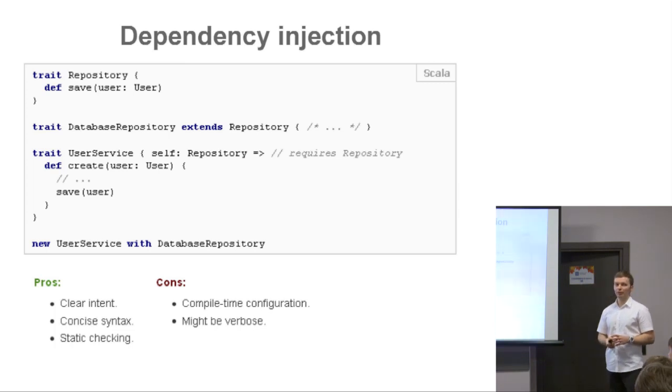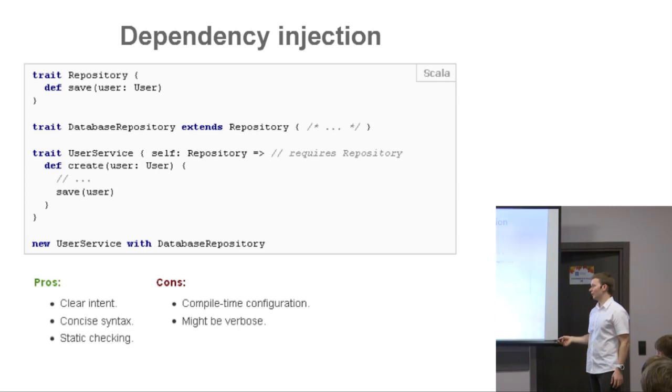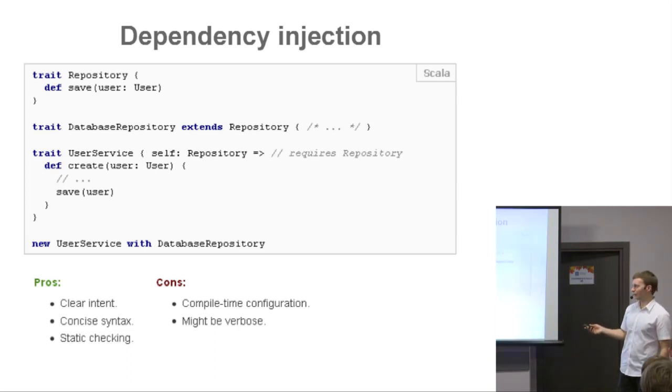For example, when we are using XML, we risk getting errors at runtime because some dependencies might be misconfigured. And here we have all the static checking.